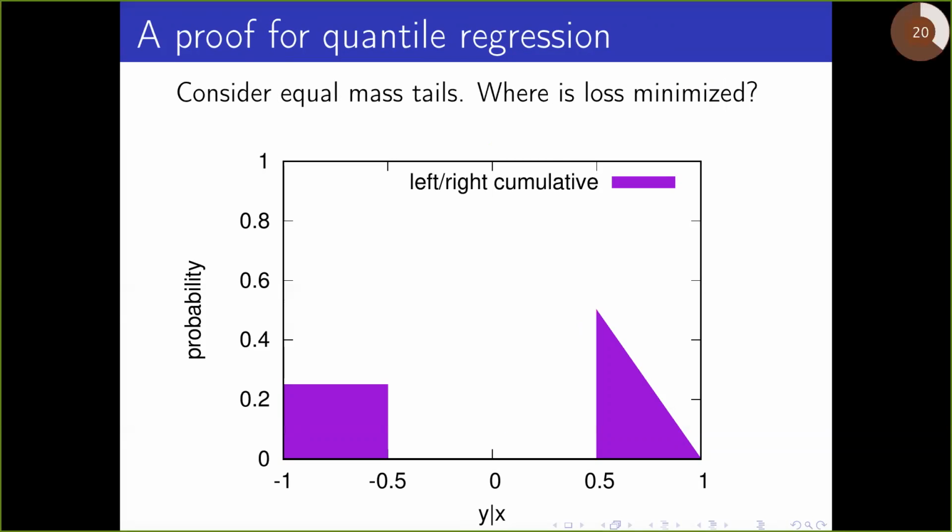But let's just suppose the distribution is limited to these parts here for now. So you have a random observation from here or here. And now the question is, where is the y hat which minimizes your expected loss?